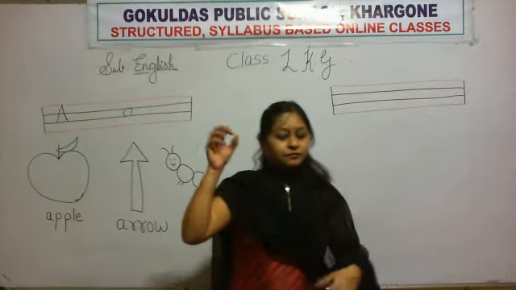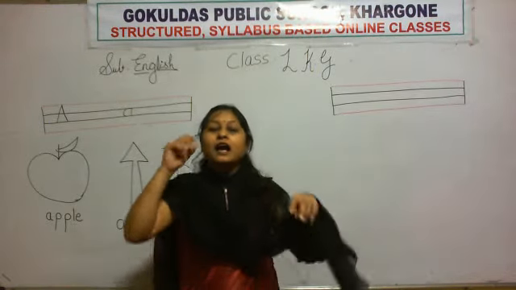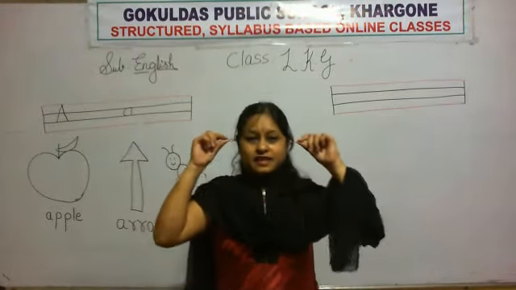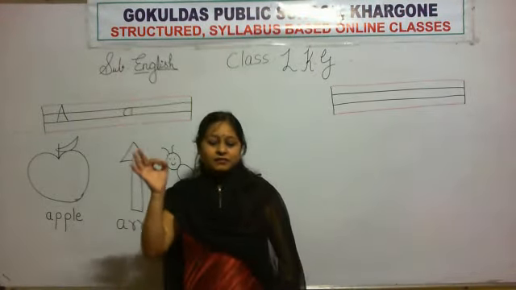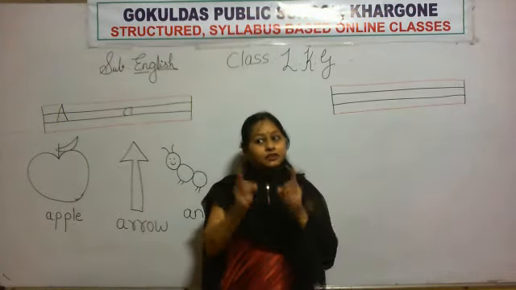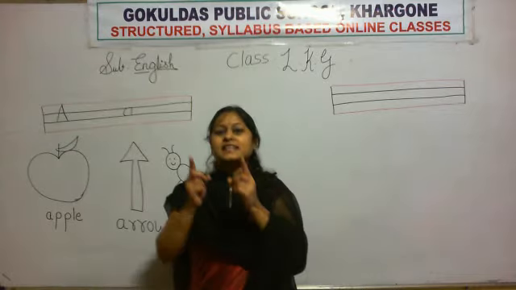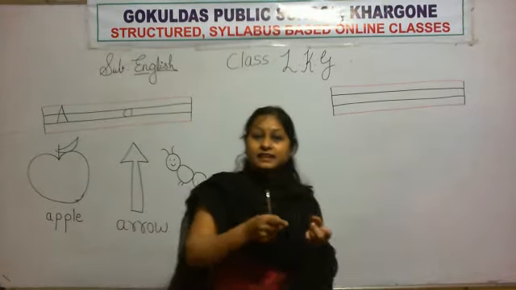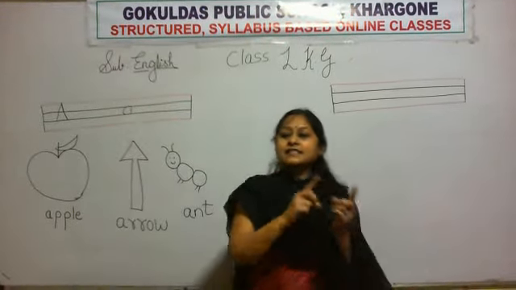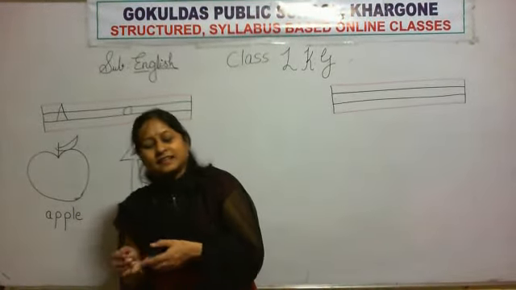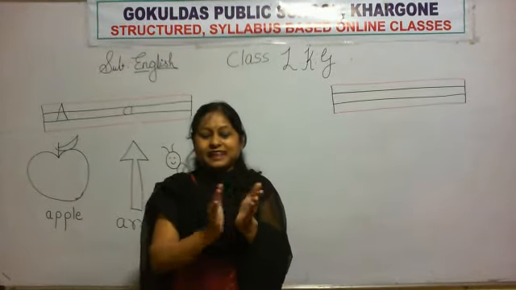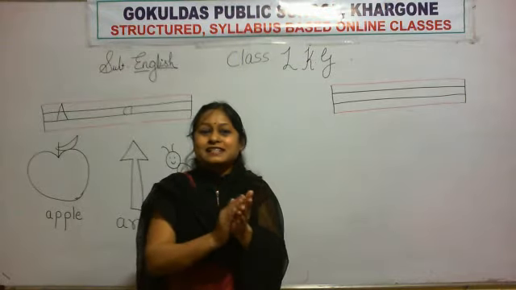Eyes are blue, lovely too. Teacher's pet, is that you? Yes, yes, yes. Teacher's pet, is that you? Yes, yes, yes. Very good. Clap for you. Clap all of you. Yes, very good. Clap your hands.